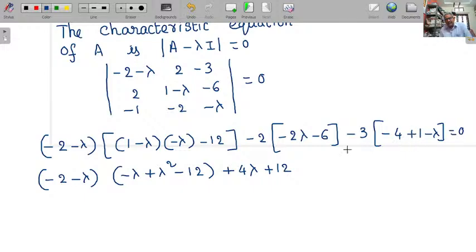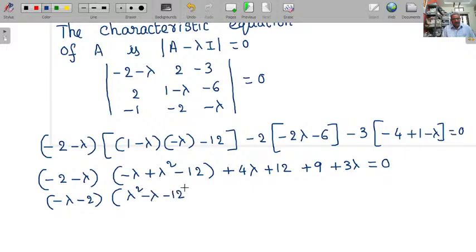This will be minus 3 into minus 3, plus 9, and negative 3 into negative lambda, plus positive 3 lambda, equals 0. So now this can be rewritten: negative lambda cubed, minus 2 multiplied with lambda square minus lambda minus 2, minus 12, sorry. 4 lambda plus 3 lambda will be 7 lambda. 12 plus 9 is 21, equals 0. Again, further we need to simplify it.